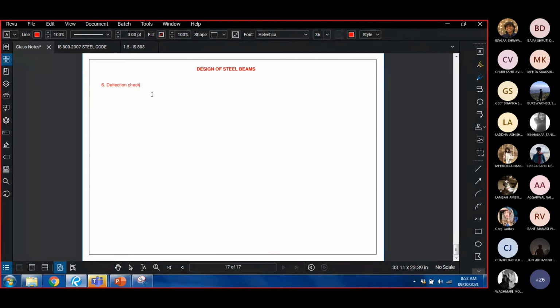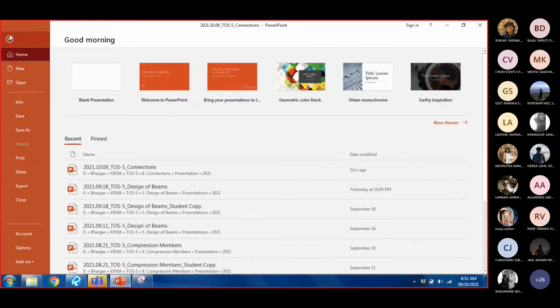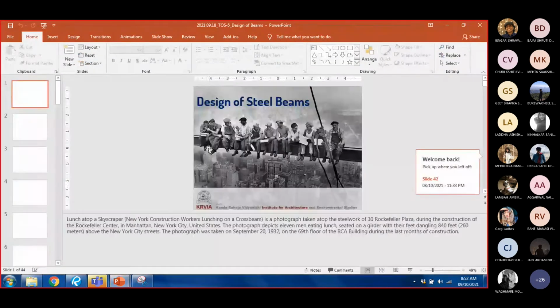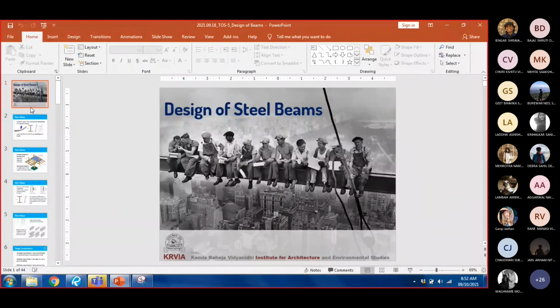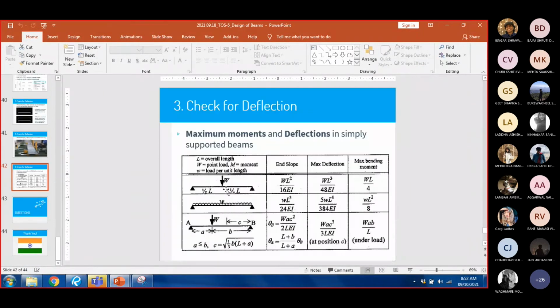Okay. So now our last check is remaining, which is the check for deflection. For that, I would just go back to this table, which gives us the values of maximum deflection for a point load as well as a UDL.